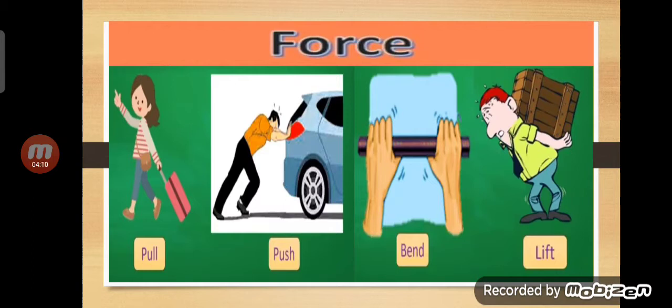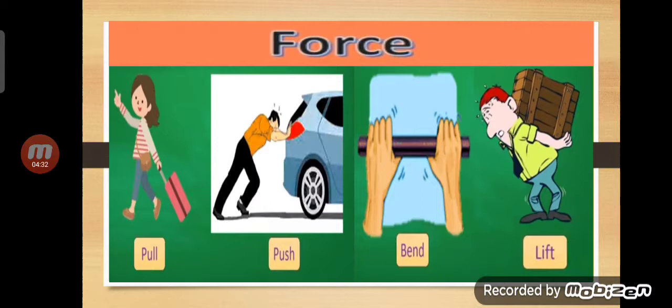And in the fourth picture, the man lifted the load on his back. So here we see that to pull, push, lift and bend an object, we need to apply what, children? Yes, we need to apply force.